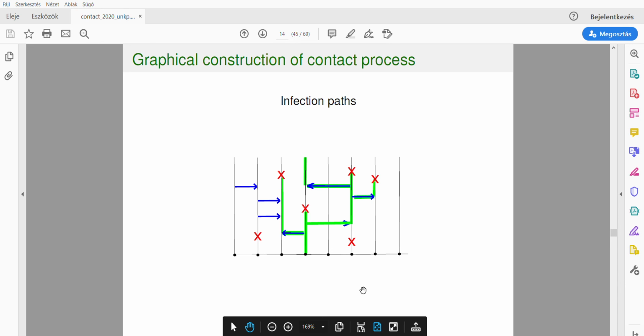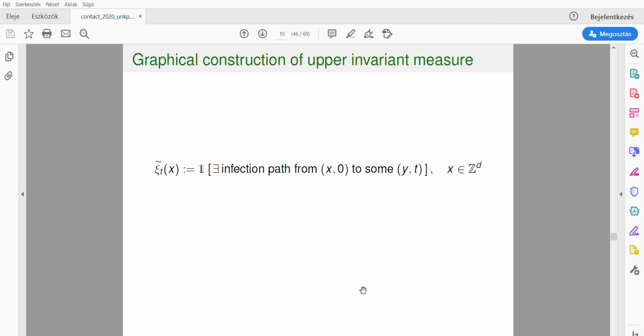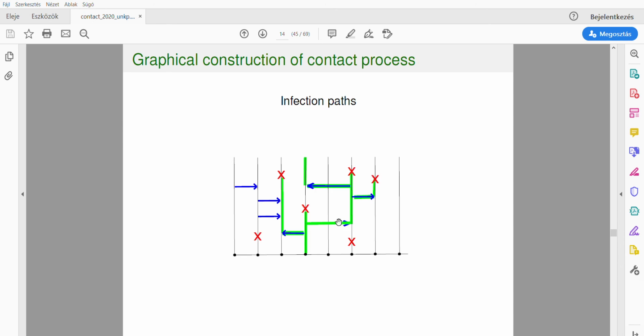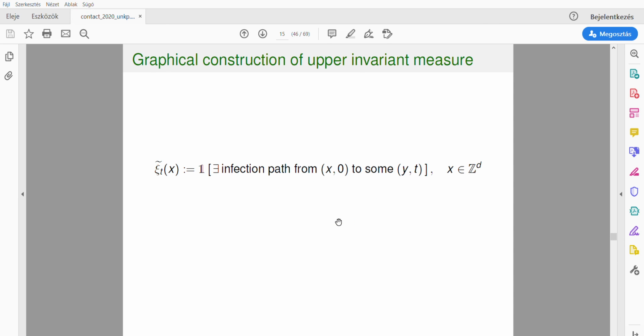So this is the picture. These are infection paths. This is classical. But here's a little remark. Namely, one can construct the upper invariant measure using this picture. So you can use this graphical construction to construct the upper invariant measure in the following way.